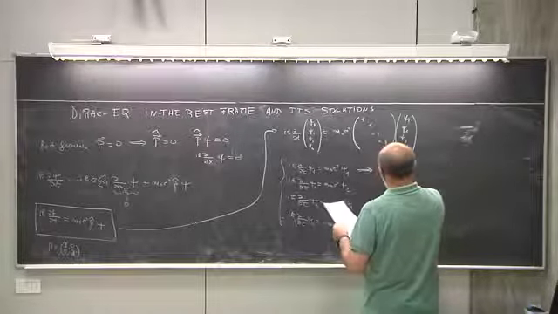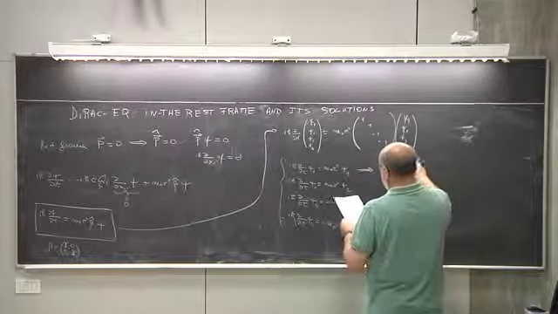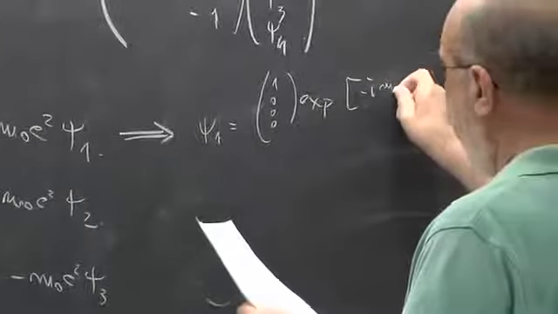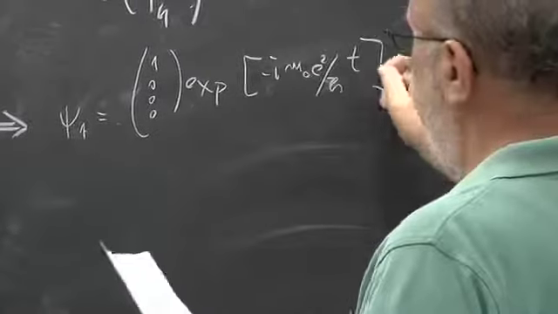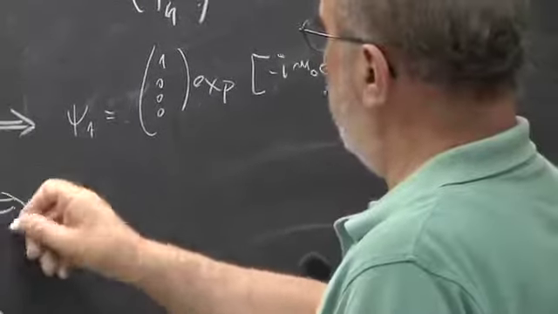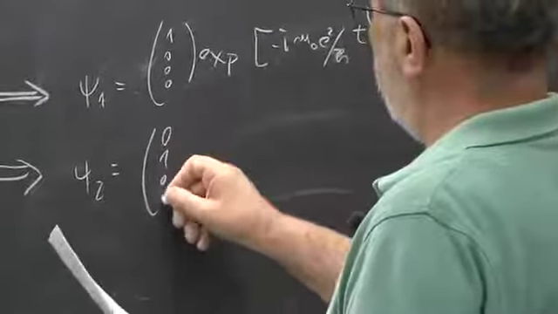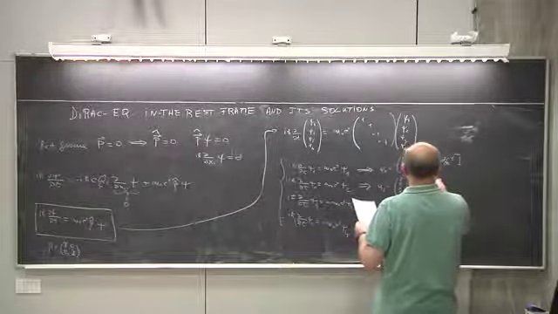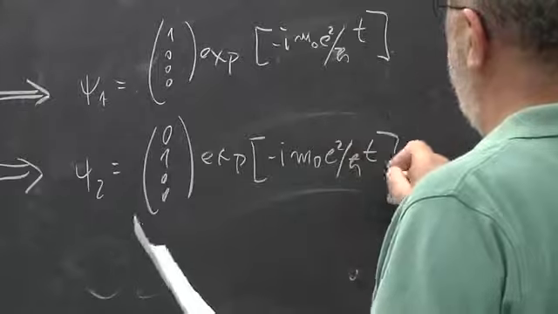The solution of psi1 is 1, 0, 0, 0, times exponential of minus i m0 c squared over ħ times t. The solution of psi2 is 0, 1, 0, 0, times exponential of minus i m0 c squared over ħ times t.